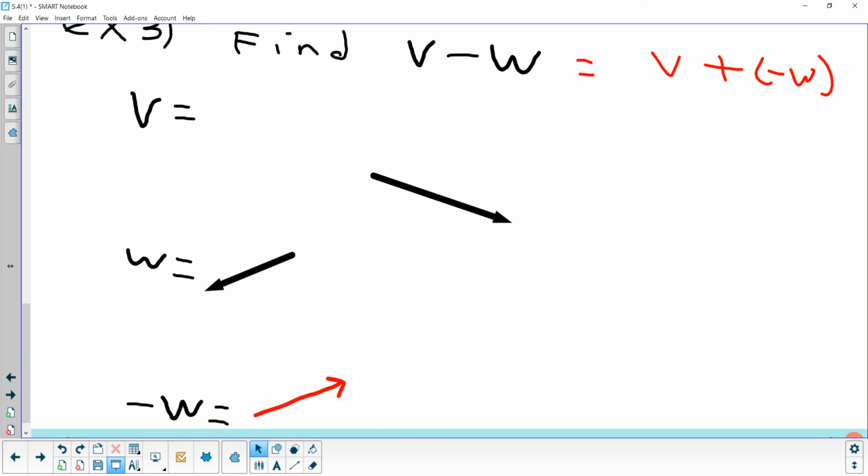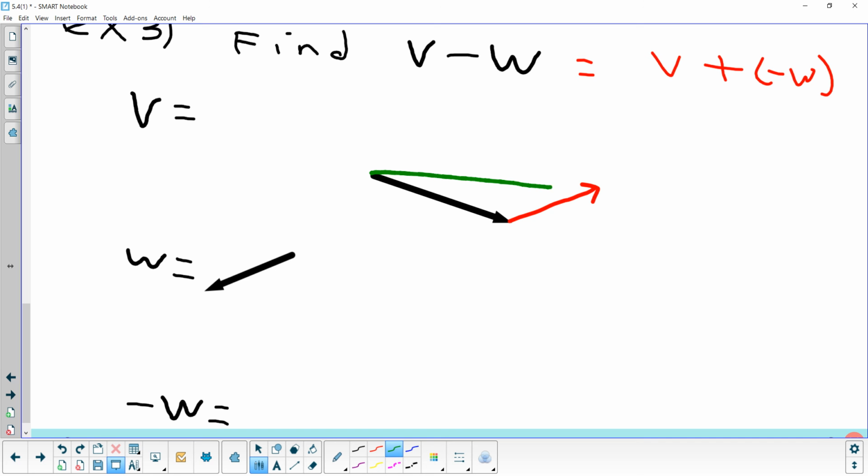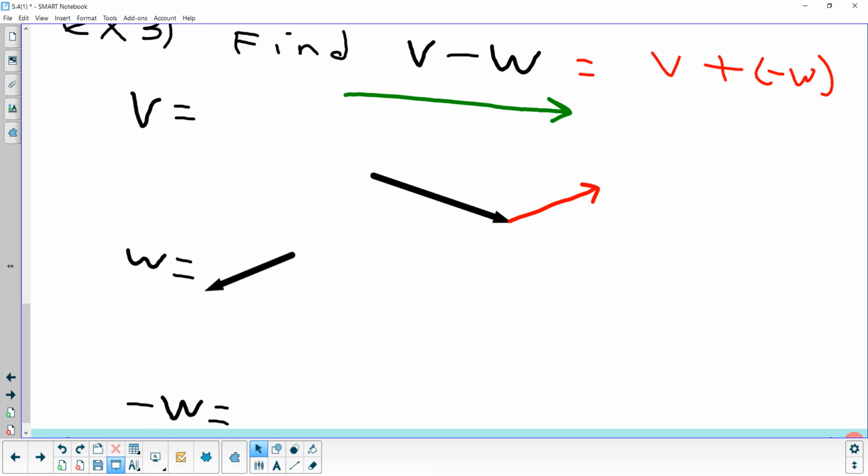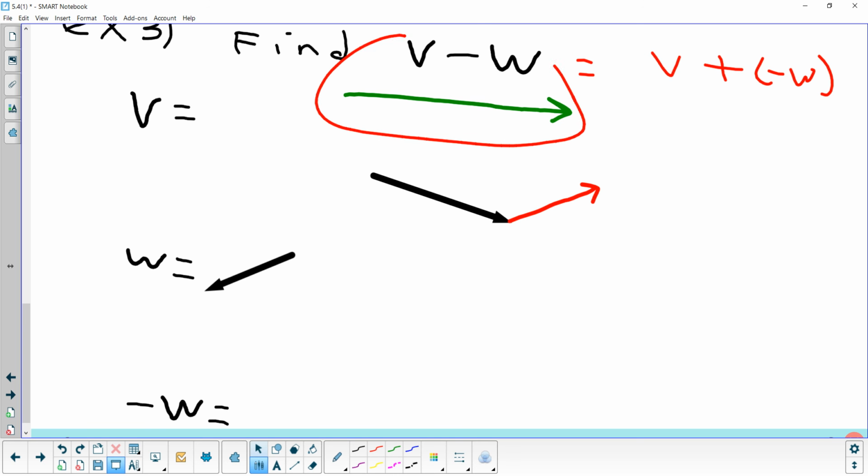So there's v. There's negative w. And final answer. That is v minus w. Right there. Any question on how we did the subtraction?